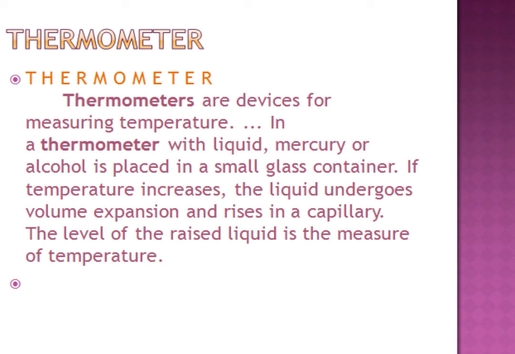Thermometer. Thermometers are devices for measuring temperature. In a thermometer with liquid, mercury or alcohol is placed in a small glass container. If the temperature increases, the liquid undergoes volume expansion and rises in a capillary. The level of the raised liquid is the measure of temperature.